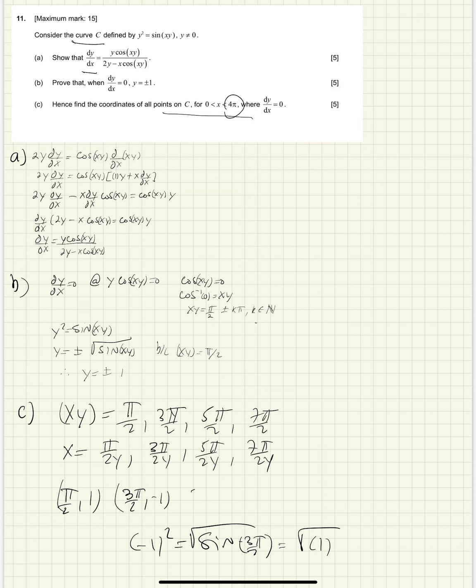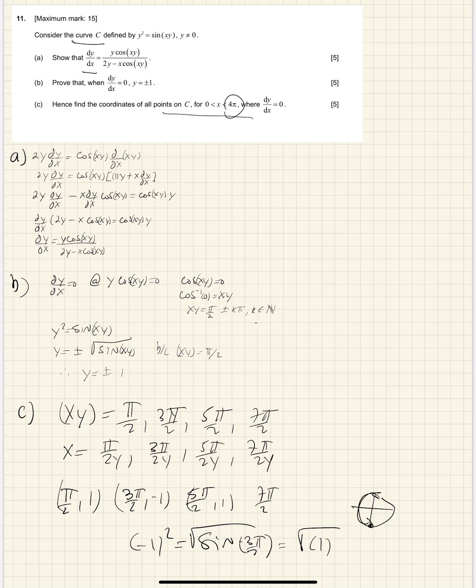At 5 pi over 2, here, we've gone 2, 4, we're back to here, right? So y equals 1, 1 equals 1, we're okay with that. At 7 pi over 2, y is equal to negative 1, right?